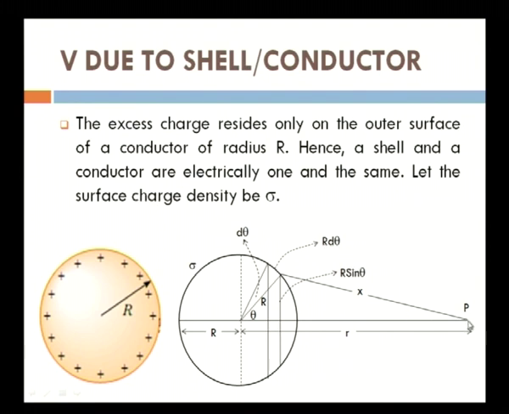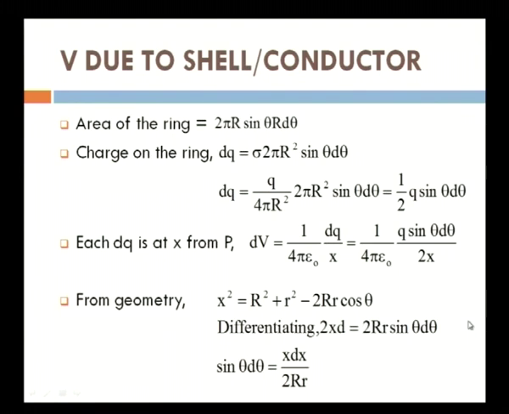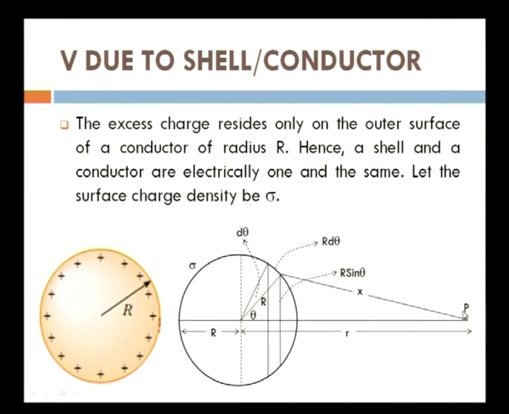We choose a random point P at which we want to find out the potential due to this sphere, and the radius is r, and we make the measurement from the center of the sphere to the point P. So, this is the geometrical consideration for finding the potential due to a shell. Based on the geometrical construction, let us try to establish the relationships to find out the potential due to the entire ring, as it is illustrated here.